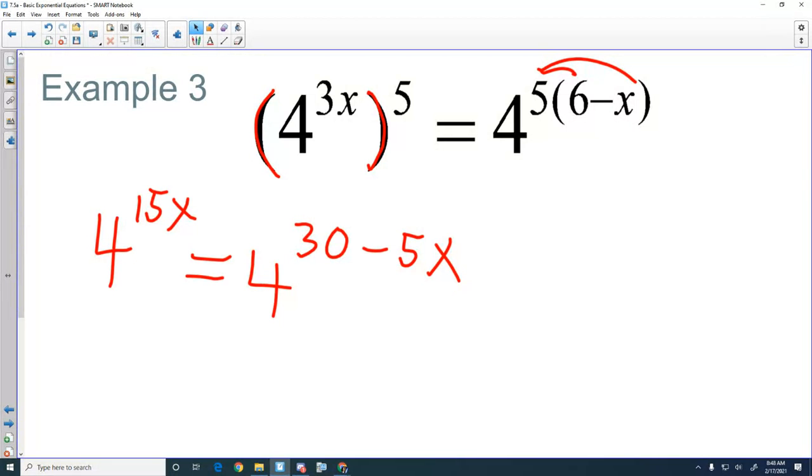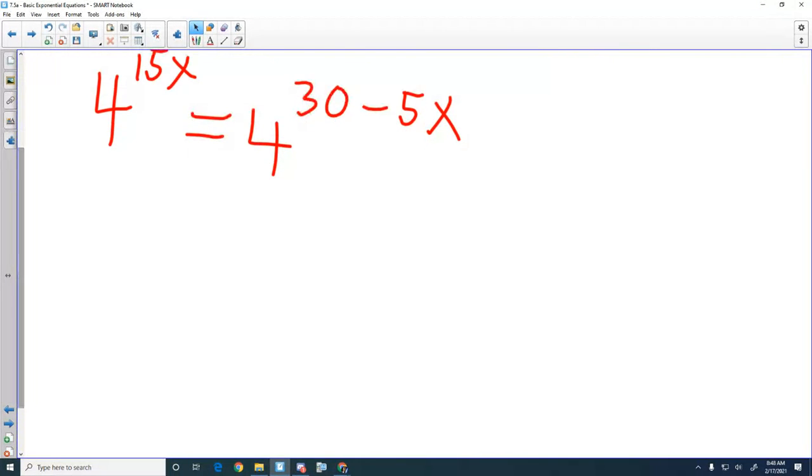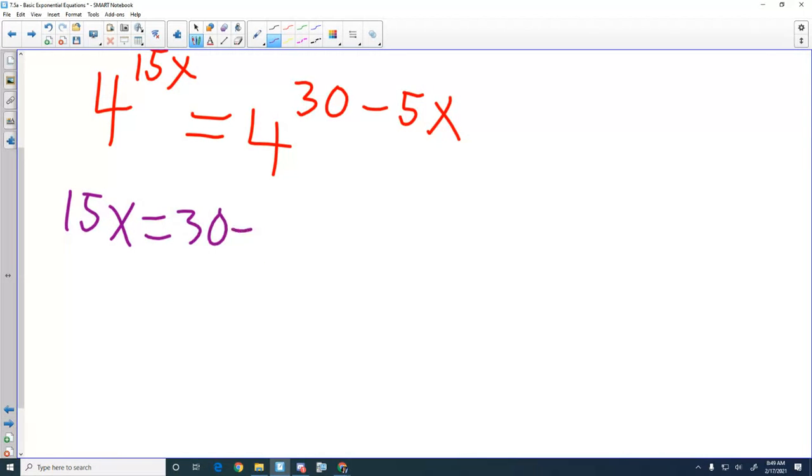So at this point, we've got the same bases. And we can just set the exponents equal to each other. So 15x equals 30 minus 5x. Get the x's together on one side, so I'm going to add 5x to the left. That's going to give us 20x equals 30.